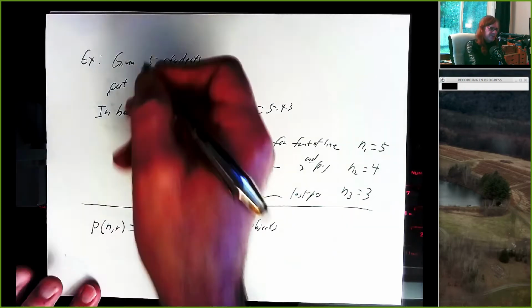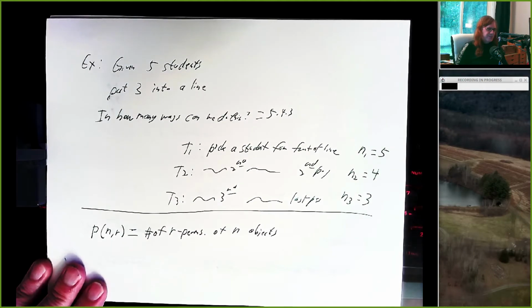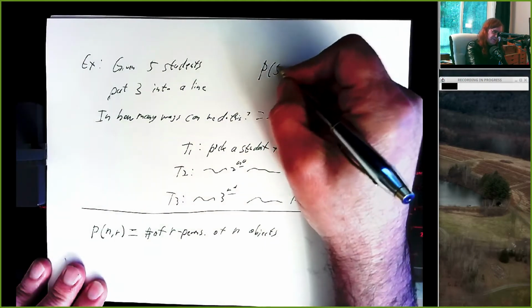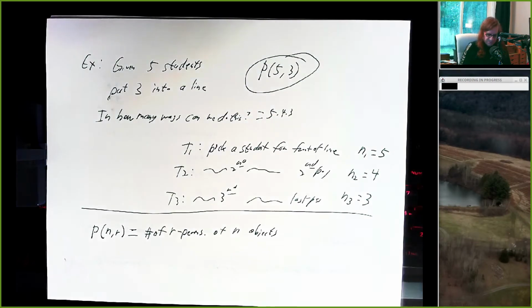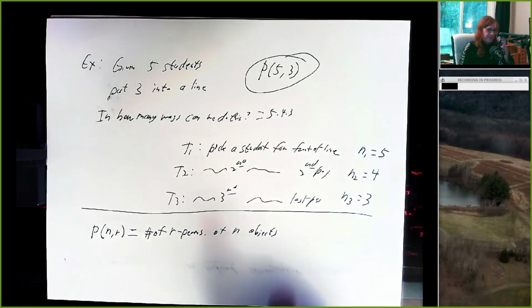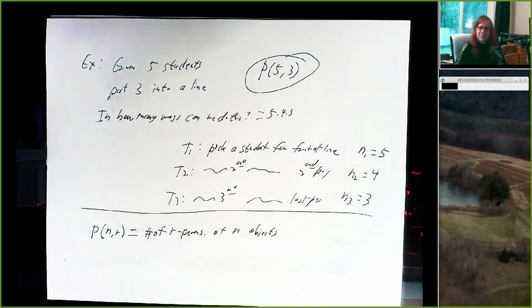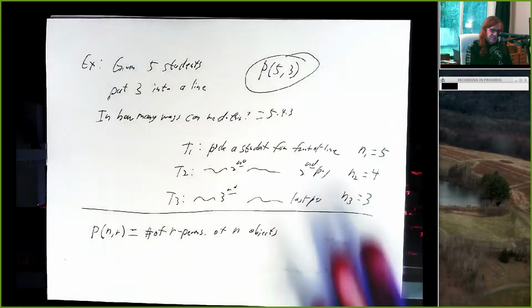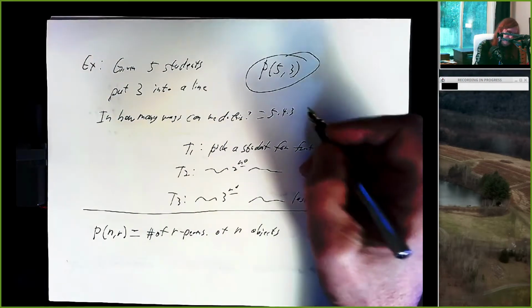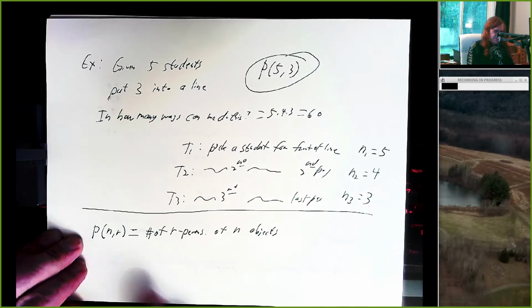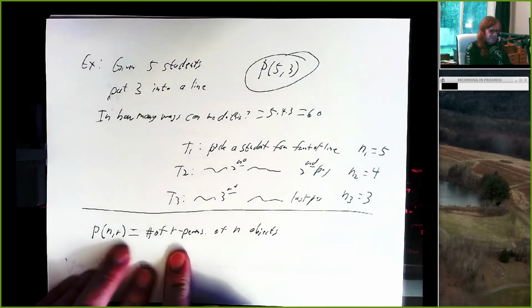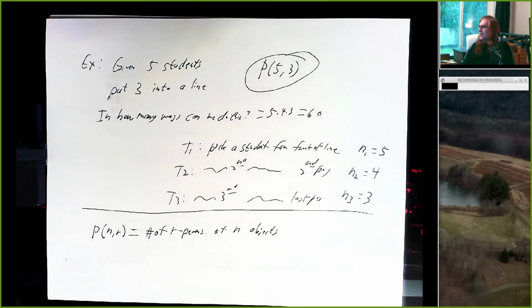So the short answer to how many ways we can put these students in this order would be just P(5, 3). If your calculator has a P button on it, this is the same answer as 5 times 4 times 3, which is 60, by the way. So P(n, r) is our symbol for the number of r-permutations of n objects.